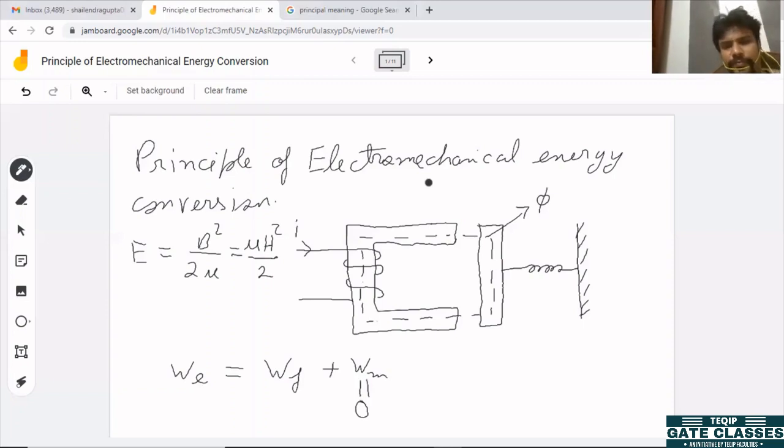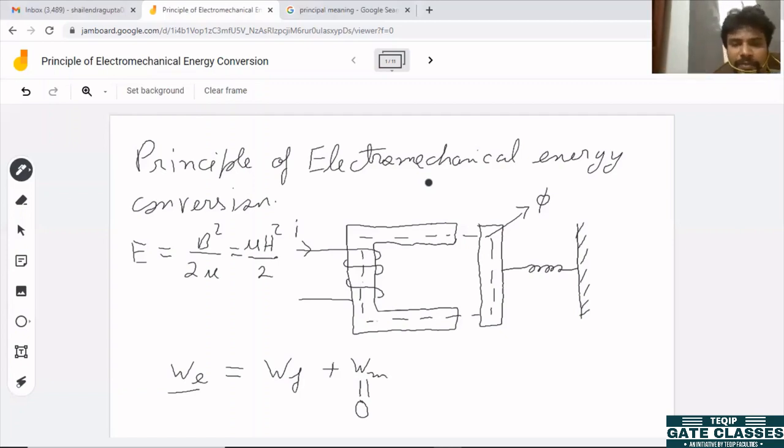Okay, and there is just the input energy, which is altogether stored in the magnetic field. And also note that we are neglecting all the losses in this system, so that we can focus on the principle of electromechanical energy conversion.